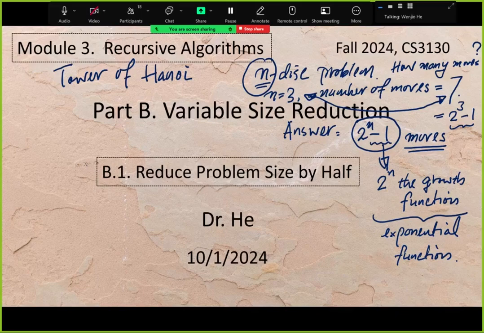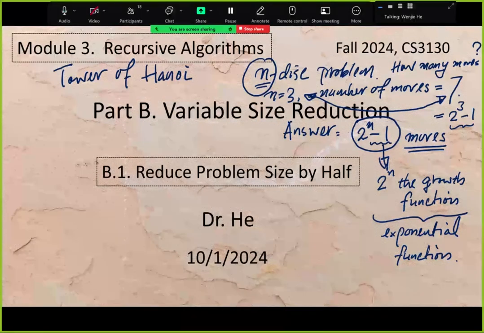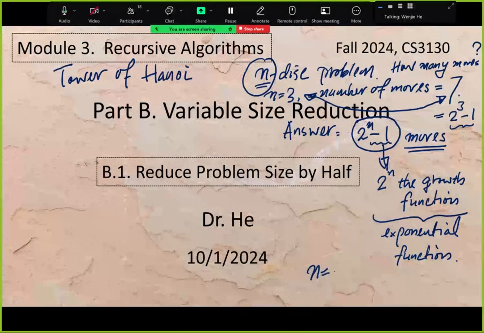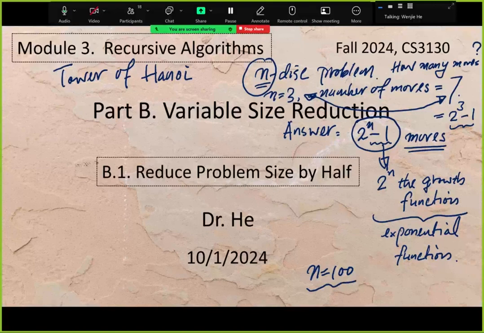Here, to give you some idea how fast it increases, it's very interesting. Think about last time I mentioned a special case, that is n equals 100, right? When n equals 100, how large is this number?